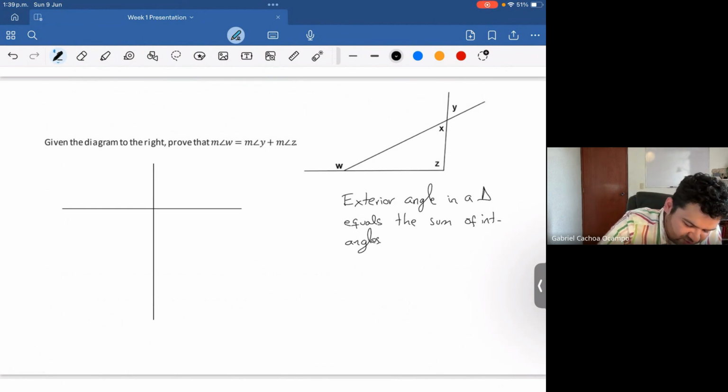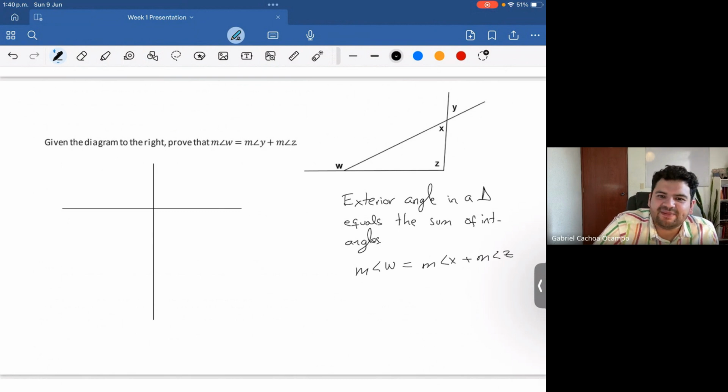So we already know that the measurement of angle W is the same as the measurement of angle X plus the measurement of angle C. This is the lemma, no? We can already use it as a reason. Everything that we state and prove is also something we can use to prove new things.